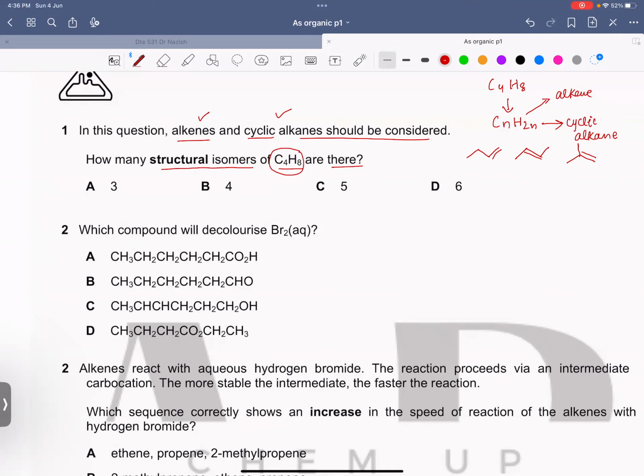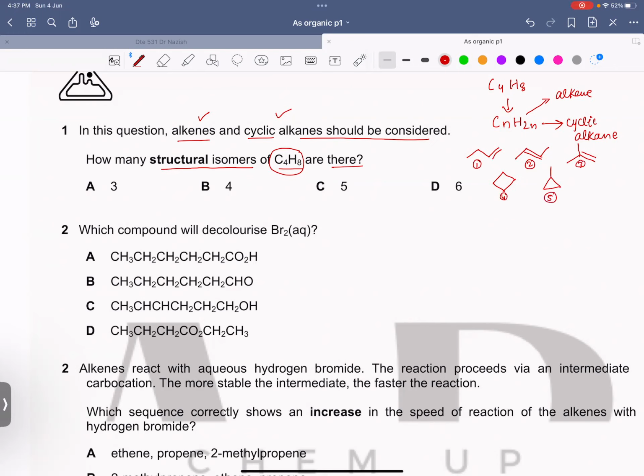Now let's move to the cycloalkanes or cyclic alkane structures. One can be cyclobutane, in which all the 4 carbons make one closed chain ring. Is this understandable? And there is a second possibility, which can be methylcyclopropane, where 3 carbons make a cyclic ring and the 4th carbon exists as a side chain. So see, if you look over here, 1, 2, 3, 4, and 5.